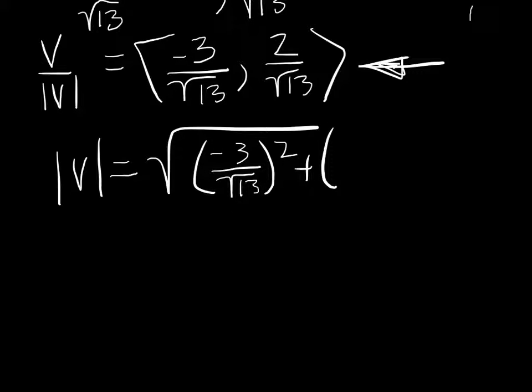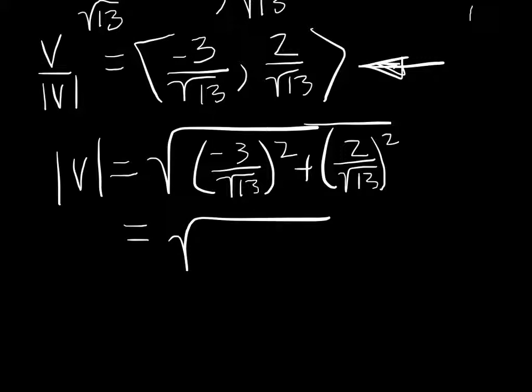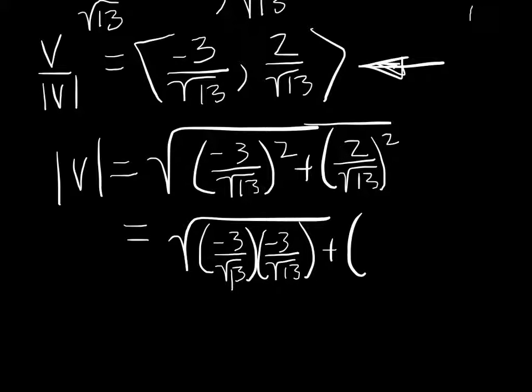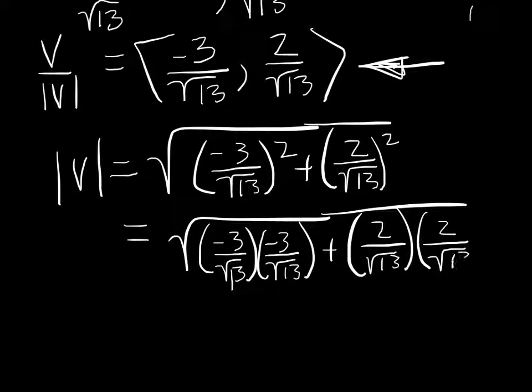I'm going to take the square root of my a component squared plus my b component squared. On a side note, this means -3 over the square root of 13 times -3 over the square root of 13, plus 2 over the square root of 13 times 2 over the square root of 13.